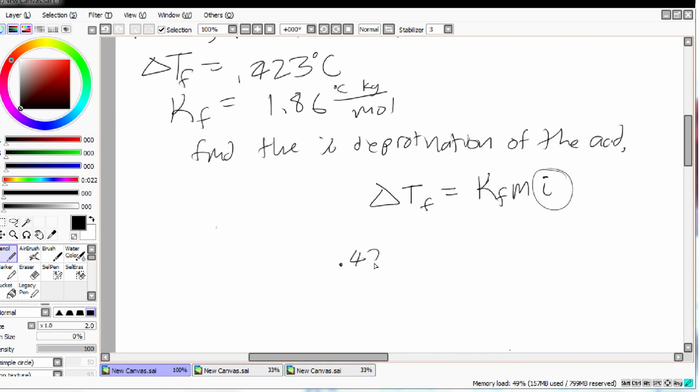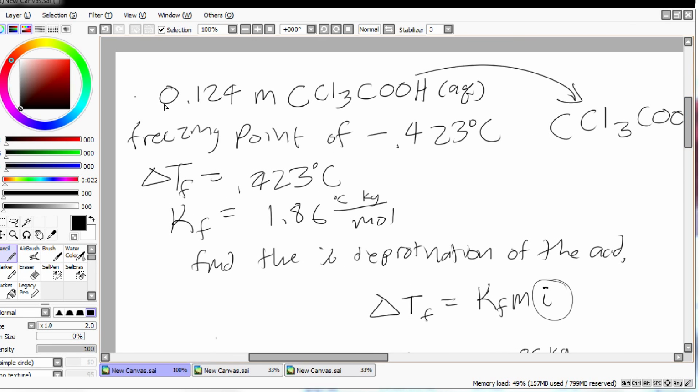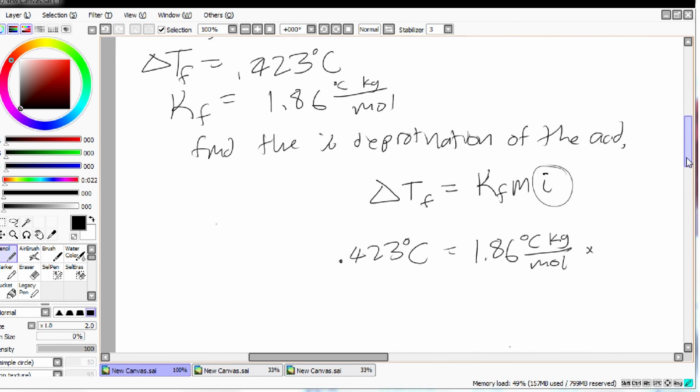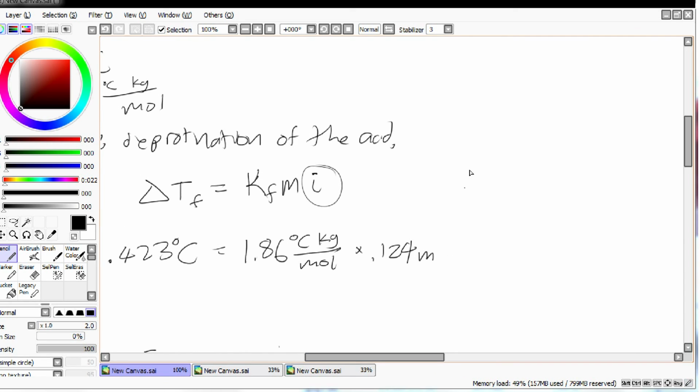So 0.423 degrees Celsius is equal to this constant, 1.86 degrees Celsius kg over moles, times the molality given there, 0.124 molality of that, I'm not going to write it out, it's too much, times your factor. We'll just leave it at i for now.